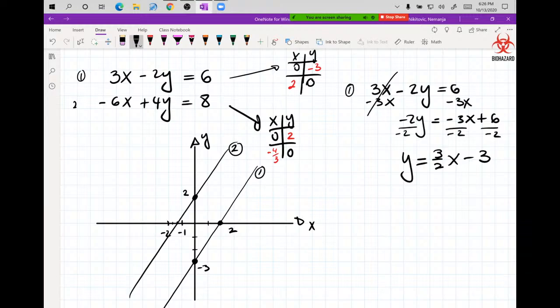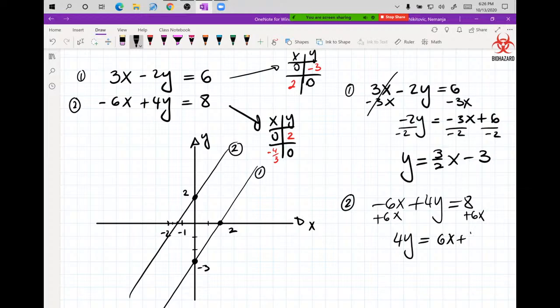Now we're going to take the second equation and do the same thing. So we have negative 6x plus 4y equals 8. Add 6x to both sides. We get 4y equals 6x plus 8. Divide everywhere by 4, and you get y equals 3/2 x plus 2, since 6 and 4 cancel down to 3/2.